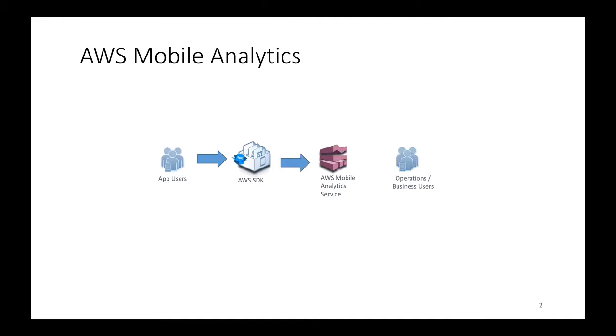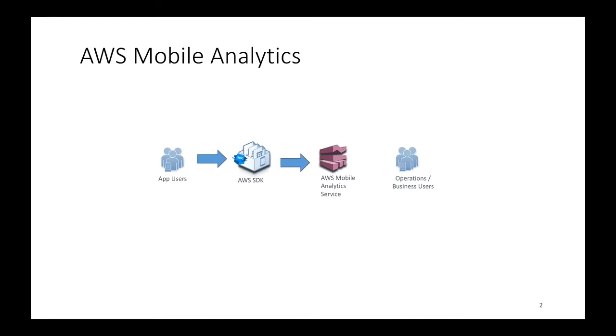So there is this context about the app. And then finally, there is this context about the end user. The AWS Mobile Analytics platform uses AWS Cognito for understanding the user context. Cognito is the identity service from AWS.